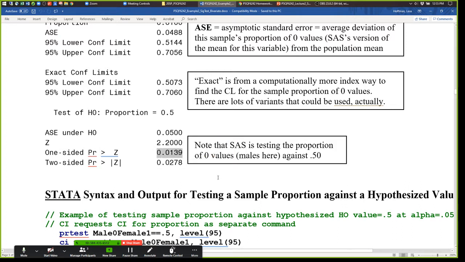One-tailed is half of that because we are ignoring the possibility that the proportion could be too small. It's 0.61. There's no way that it could be less than 0.5. So if we put all the area over here, just this half has a probability of 0.01.